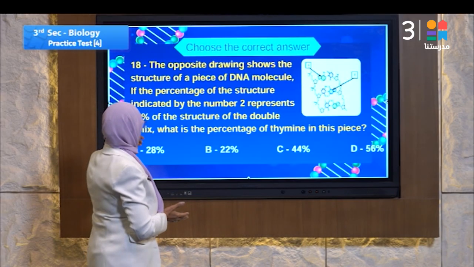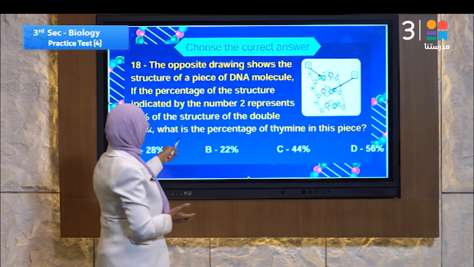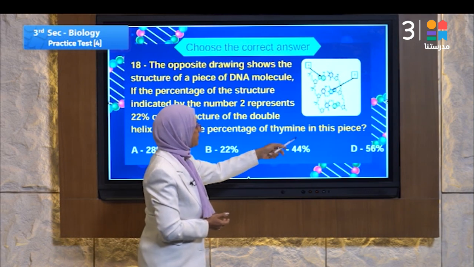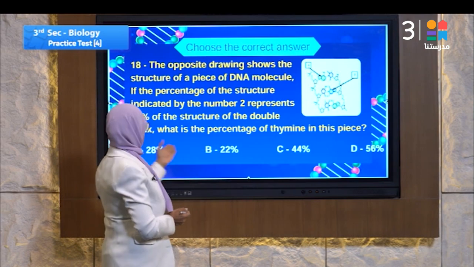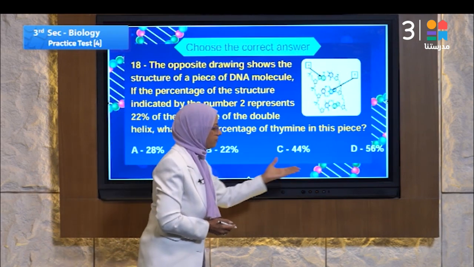One of them has 22%. What is the percentage of thymine in this piece? The answer must be one of them: 28, 22, 44, or 56.